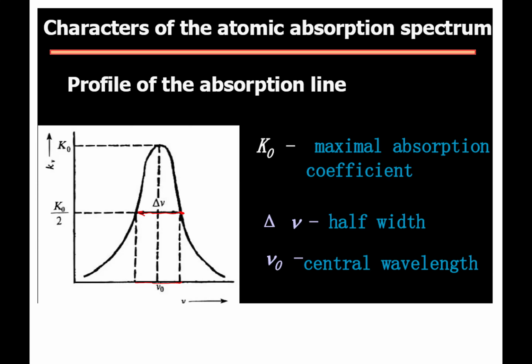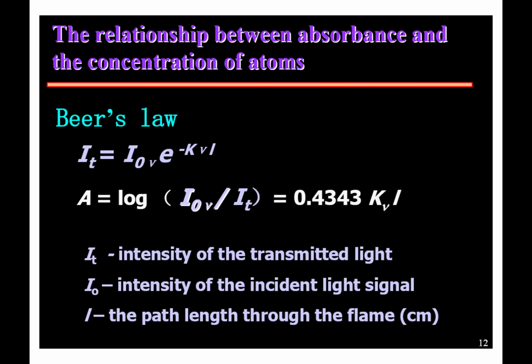So that's simply the profile. And now, we have talked about the atoms in the flame. How much light is absorbed depends on how many atoms you have in the flame. That's Beer's law. You notice that's Beer's law actually derived here. You have this in this article here. Which page is this?